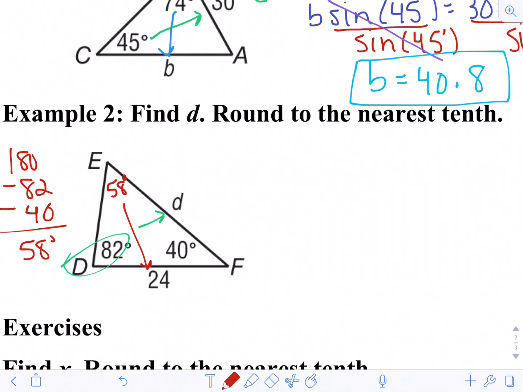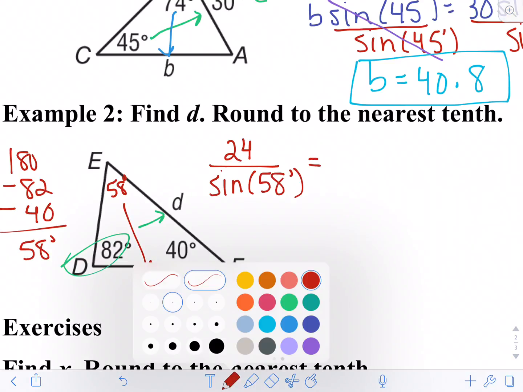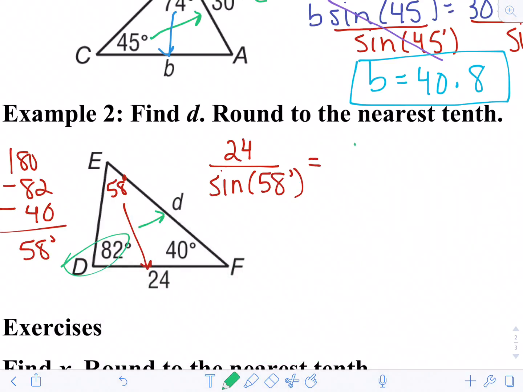So now I can set up my proportion. Your sides always go on top, the lengths of your sides go on top. 24 goes with my sine of 58 degrees, and that's equal to, I'm looking for the side, that's letter d, and I have sine of 82 degrees.